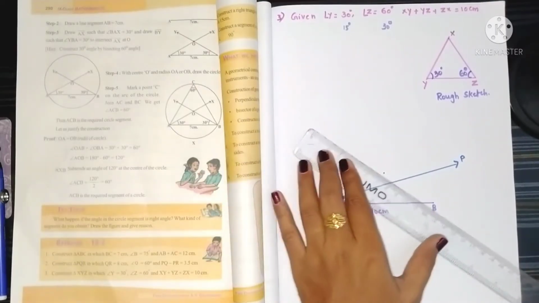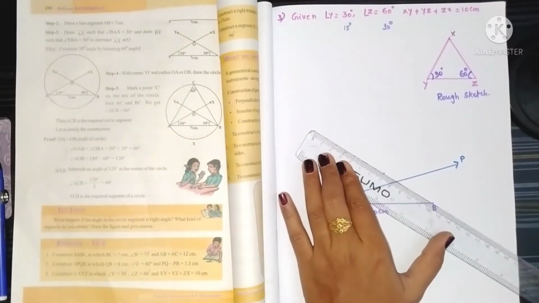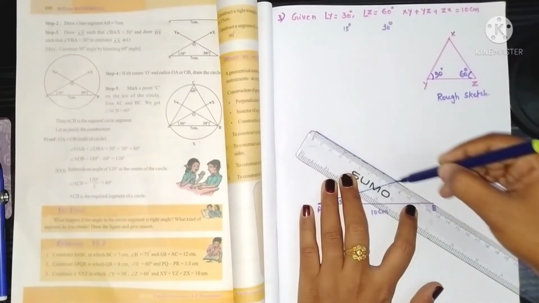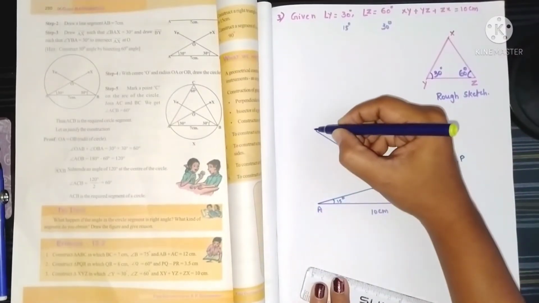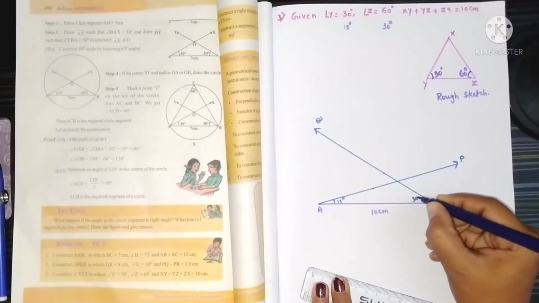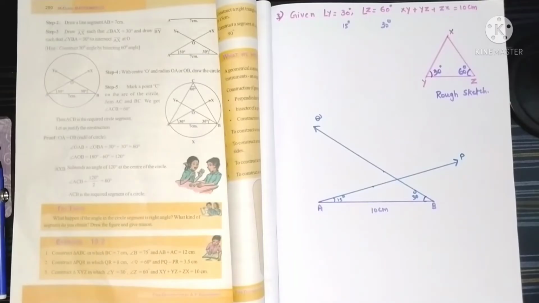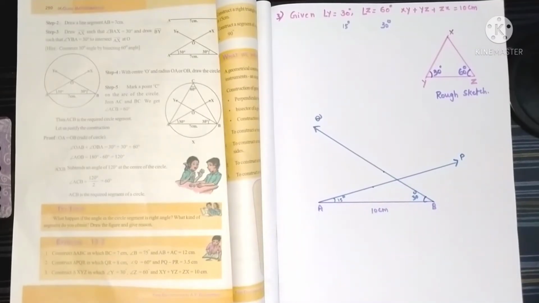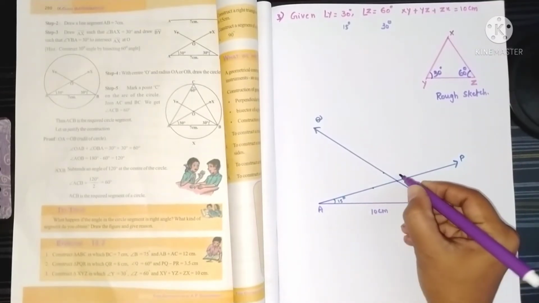Again draw another ray BQ. This is 30 degrees. Now we have to draw the perpendicular bisector. So take this point of intersection as X.